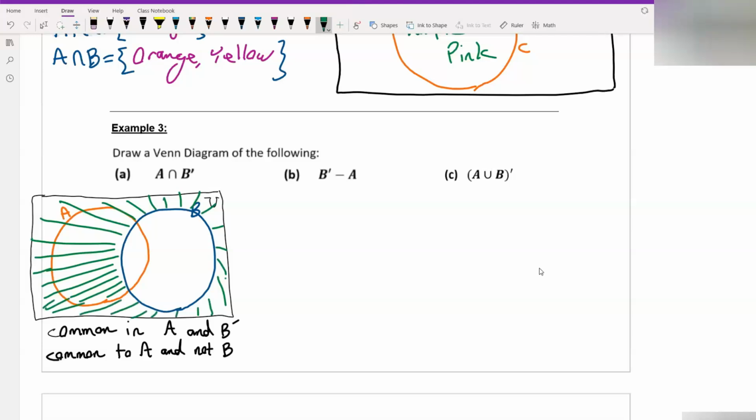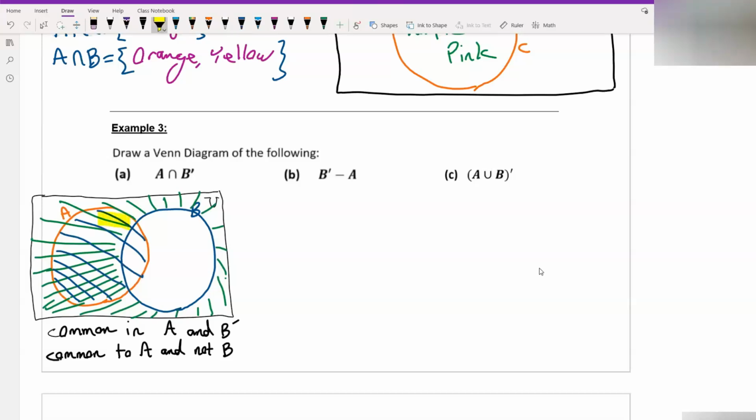So that is complement of B, anything except those that we have inside B. So all the members except the members that we have inside B. And also when I have here for A is this part.